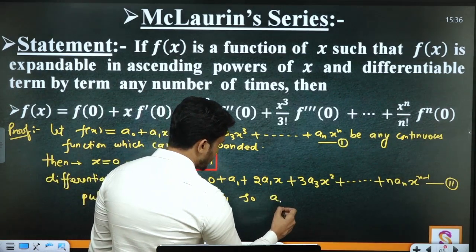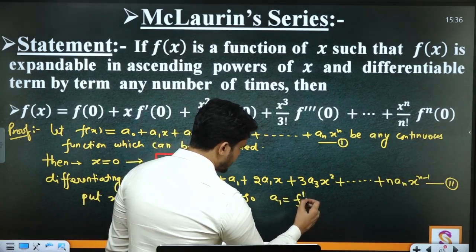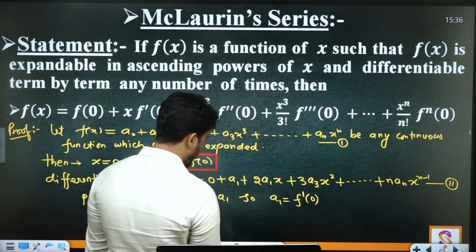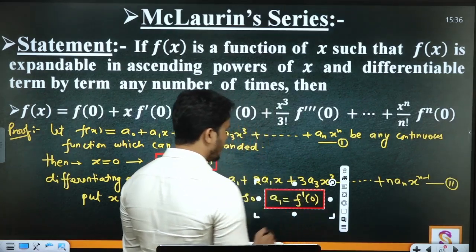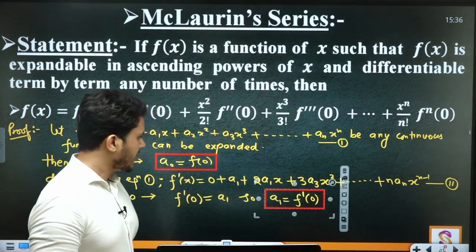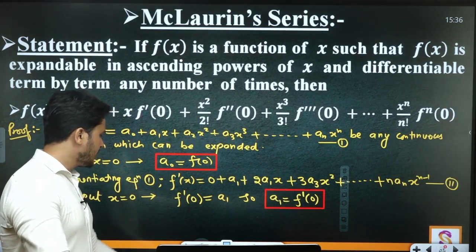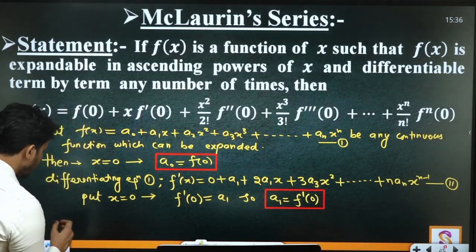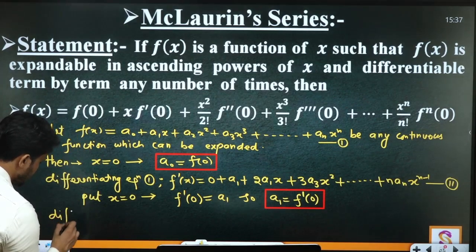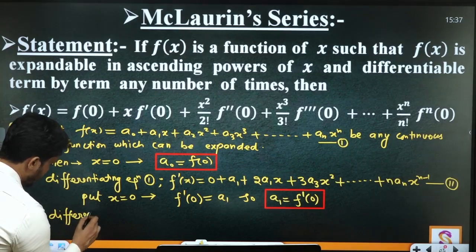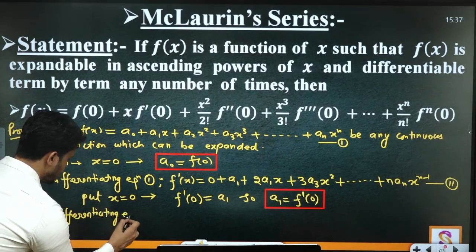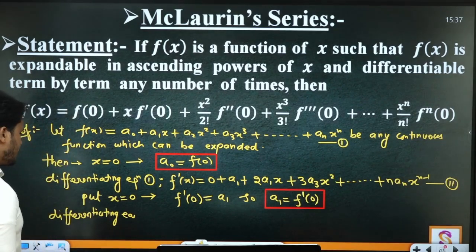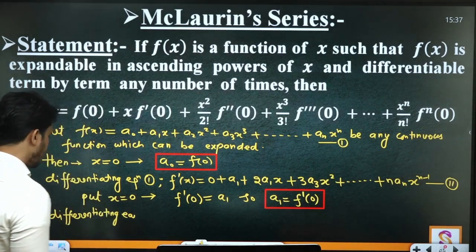So a1 equal to f'(0), means one time derivative f'(0). Third, differentiating again equation 2.